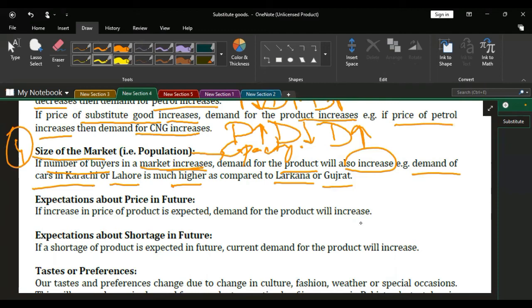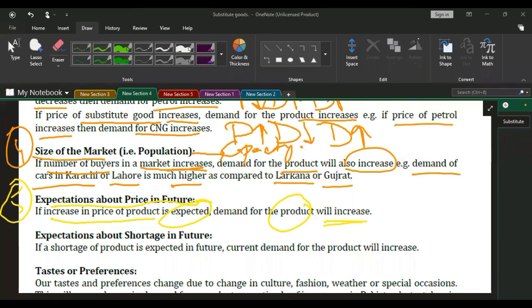Fifth determinant is expectation about price in the future. If people are unsure or not expecting the price of any market, then there is higher fluctuation in the market. If an increase in the price of a product is expected, demand for the product will increase because consumers will try to save as much money as they can.